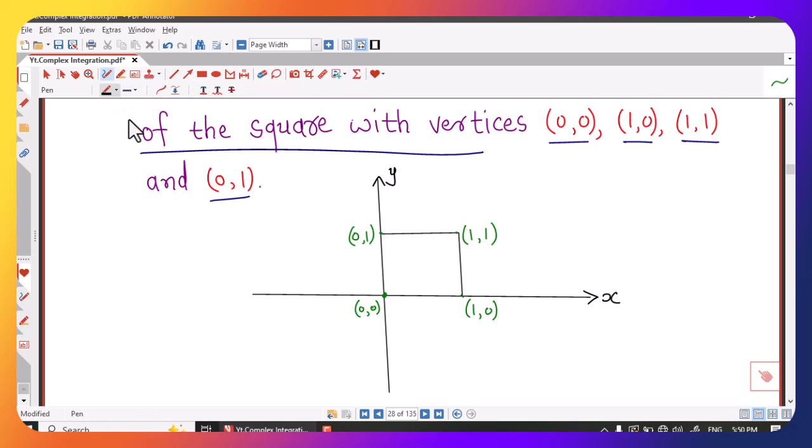and we have to integrate along the boundary of this square. So our first vertex is 0 0, so we will consider the anti-clockwise direction. Starting with 0 0 we go in this direction, then 1 0, then 1 1 and 0 1, and we will integrate along this direction.